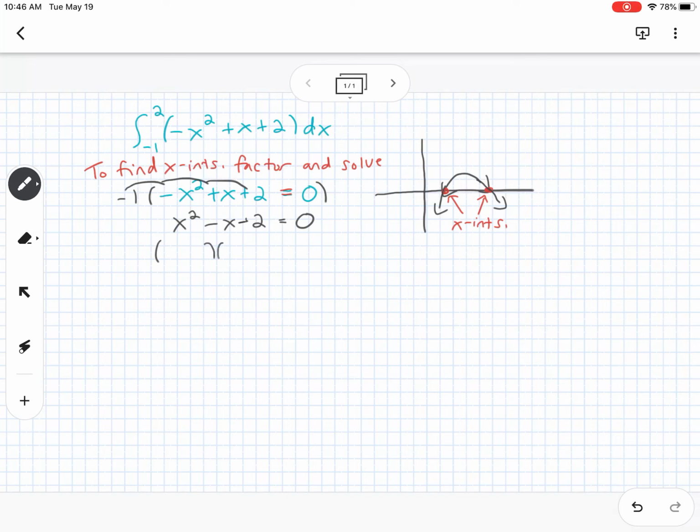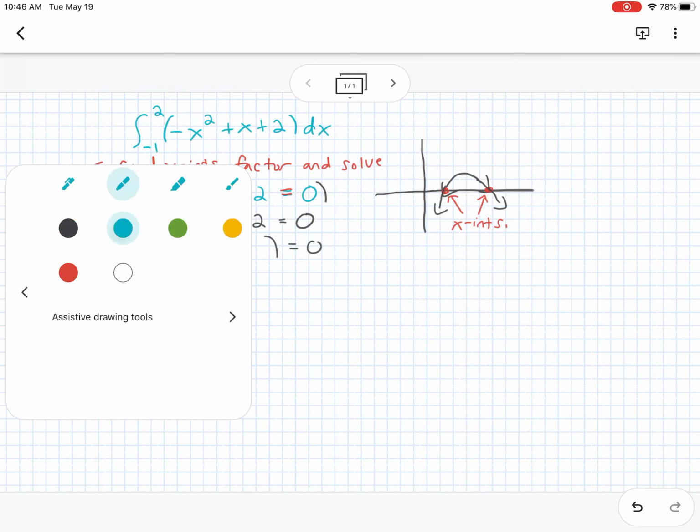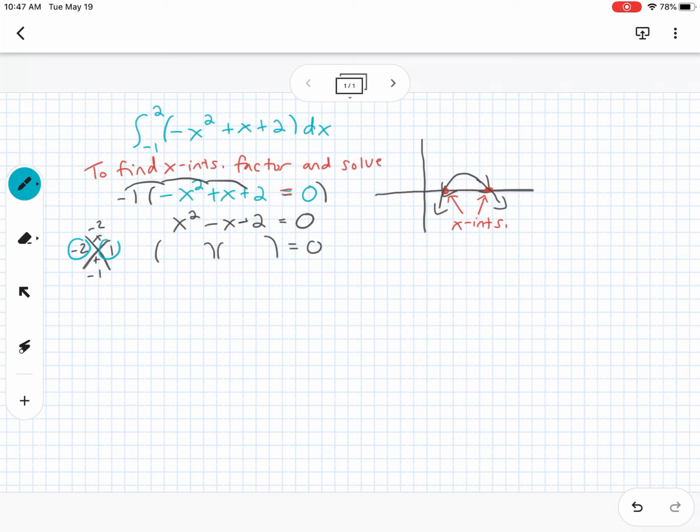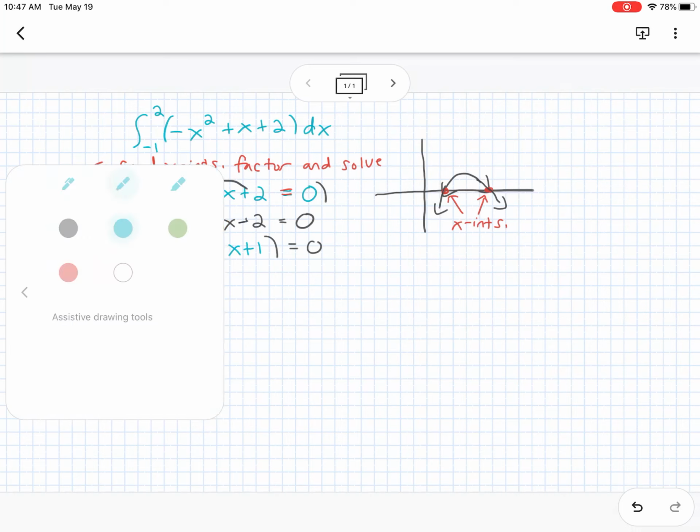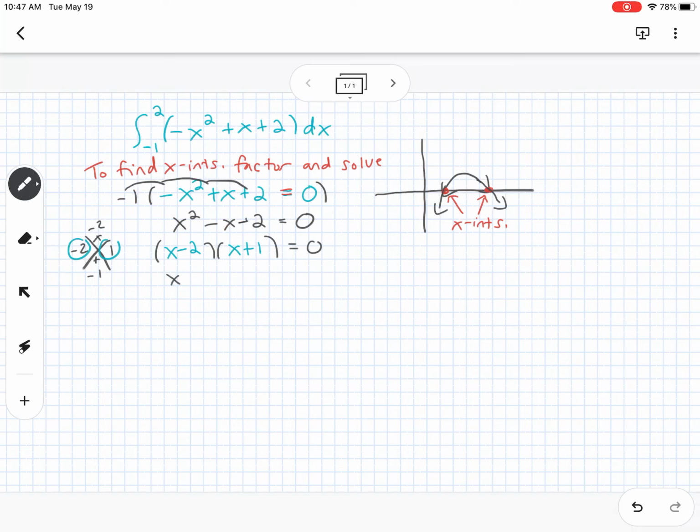Then what I'm going to do is pick two numbers that multiply to give -2 and add to give -1, which will be -2 and +1. Those multiply to give you -2, and they combine to give you -1. So then we can take these and make factors, and now I can set these factors equal to 0.